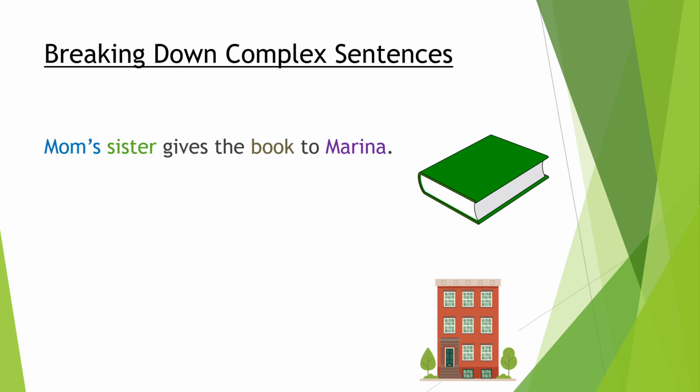So mom will be in genitive. And it will come second. Order matters here. Сестра мамы. Right? And then gives the book. So the book is going to be accusative. And to whom? To Marina. That is the indirect object, so that will be the dative.